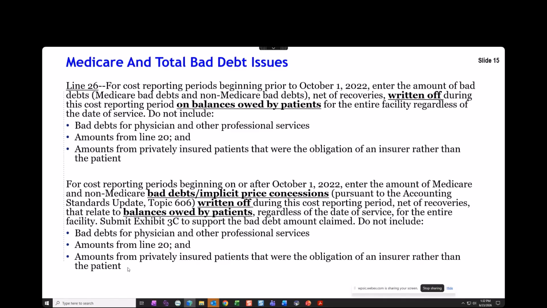One part of the claim is here, the other part of the claim is in the other place. And then, of course, if it's the obligation of the insurer, so if you have an amount that the insurer owes and for some reason is not paying, that's not a patient bad debt. That's a bad debt against the insurance company, which hopefully is pretty rare. But if that happens, you don't get reimbursed through the Medicare cost report for that in either place.